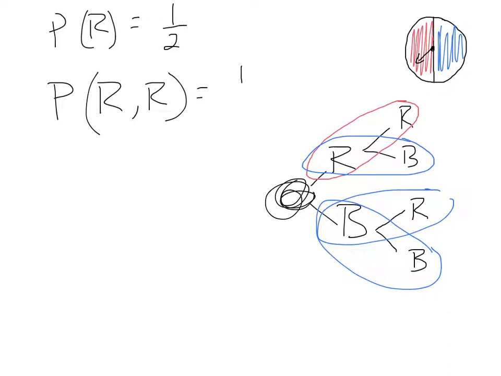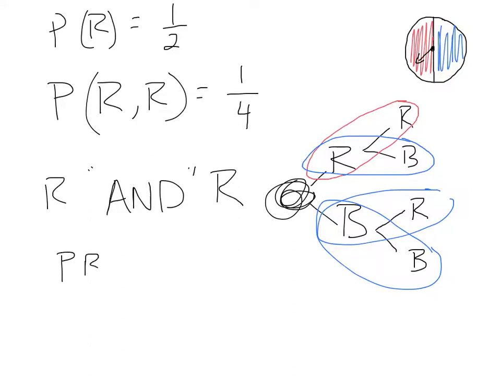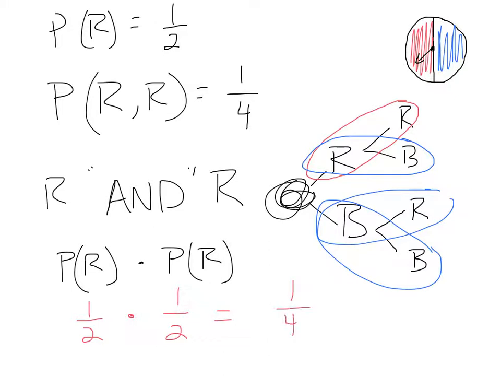There's only 1 out of the 4. If you're looking for something and something else to happen, like getting a red and a red, you can solve this by multiplying the probabilities together. So you've got 1/2 times 1/2, which is 1/4, your final answer.